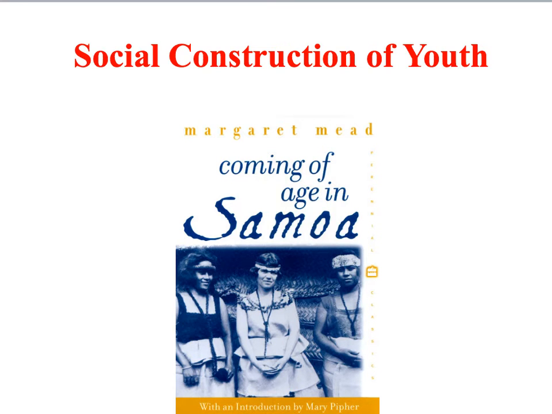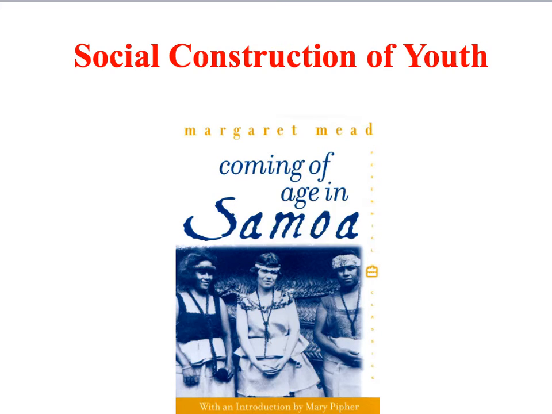For example, Margaret Mead, who was an anthropologist, suggested that the difficulties associated with adolescence in Western society, such as America, had much more to do with the role assigned to young people within those societies than with the biological changes involved in puberty.